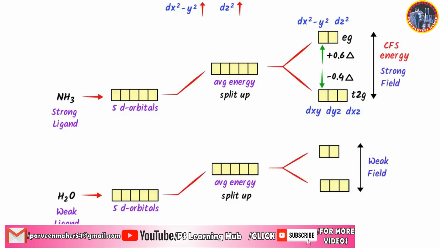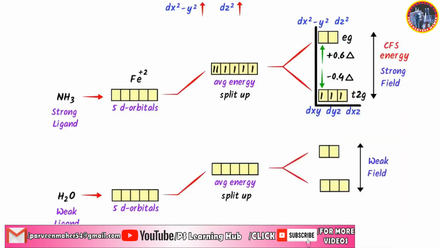Now let me teach you the electronic configuration. For example, consider that iron reacts with a strong ligand like NH3. We know that iron has 6 electrons. Firstly, I fill the orbitals with 1 electron each: 1, 2, 3.